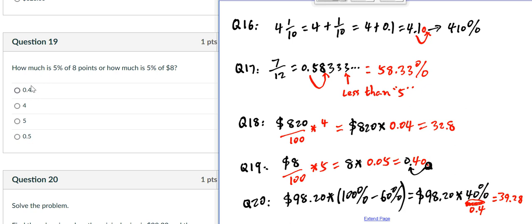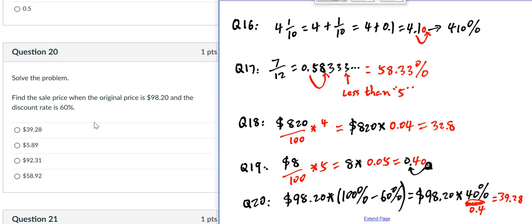So later on, if you were asked, if the question is worth 8 points, then 5% is how many points? It's 0.4 points. Makes sense. All right.